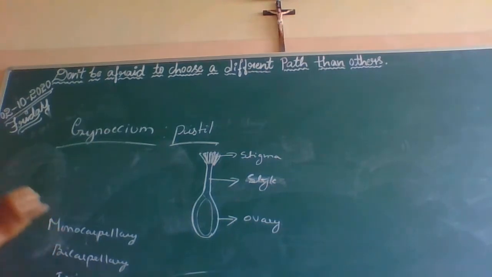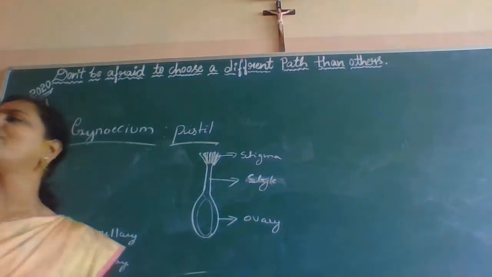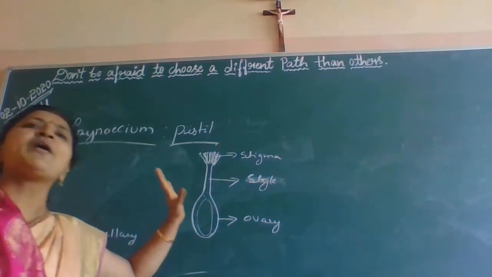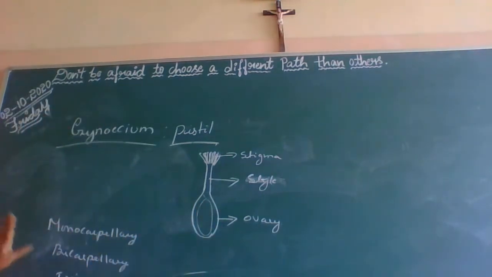So based on what? The number of what? Ovary. Based on the number of carpels, we can identify monocarpellary, bicarpellary, tricarpellary, or multicarpellary.